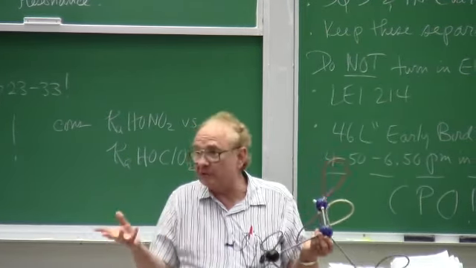What's the oxidation state of this chlorine atom? You get this? This is -2 and the whole thing is minus. Well, what's the oxidation state of this chlorine atom? +3.